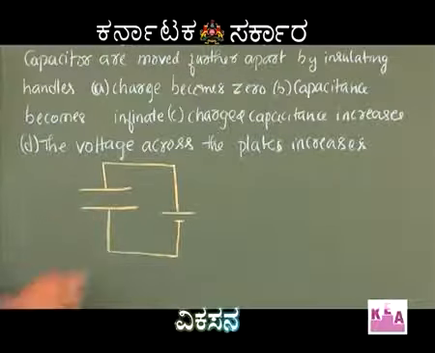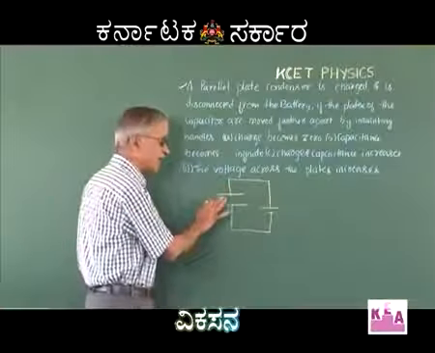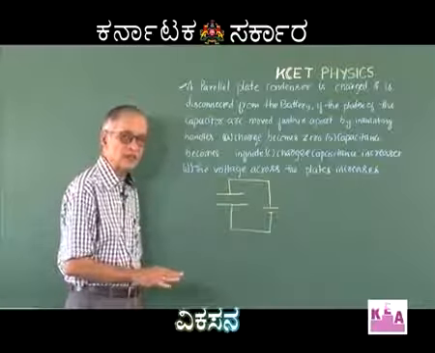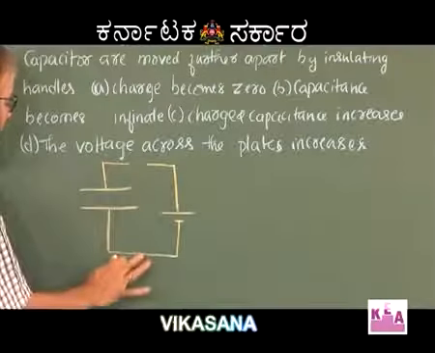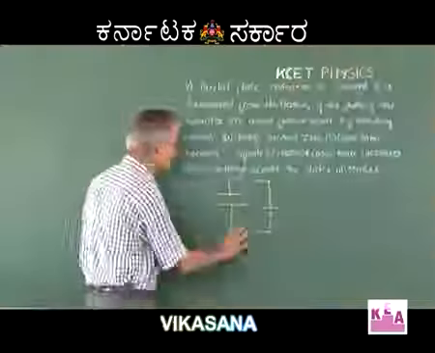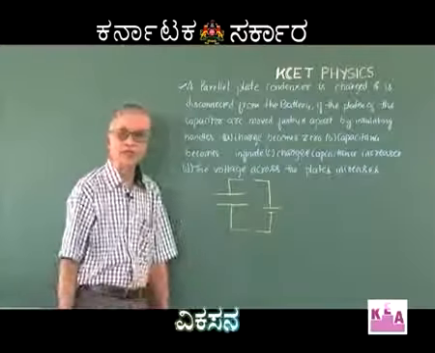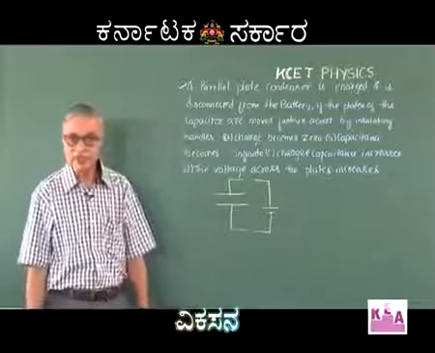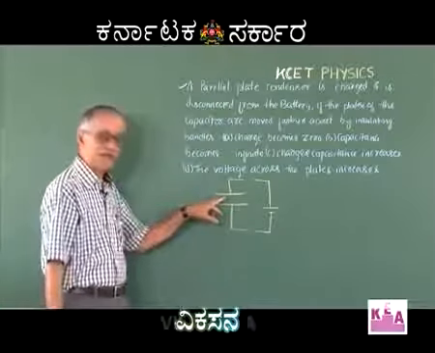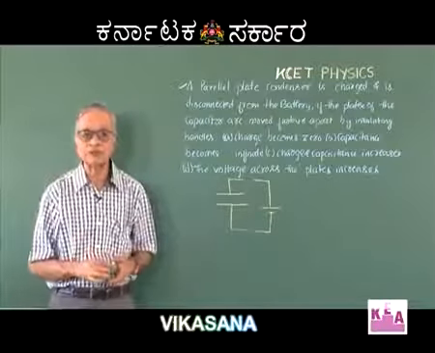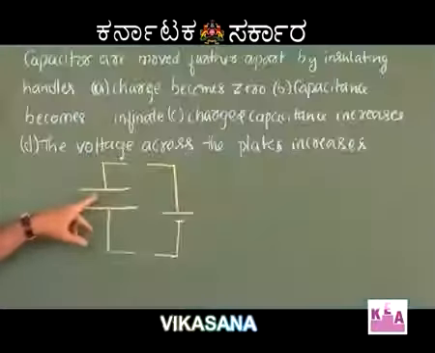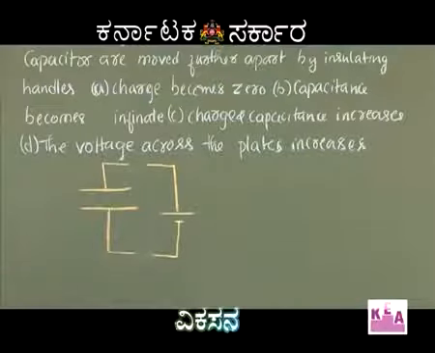Now after the condenser is fully charged, it is disconnected from the battery. Then you can easily note that the charge on the capacitor will become constant. It does not change because it has already been charged to its full capacity.